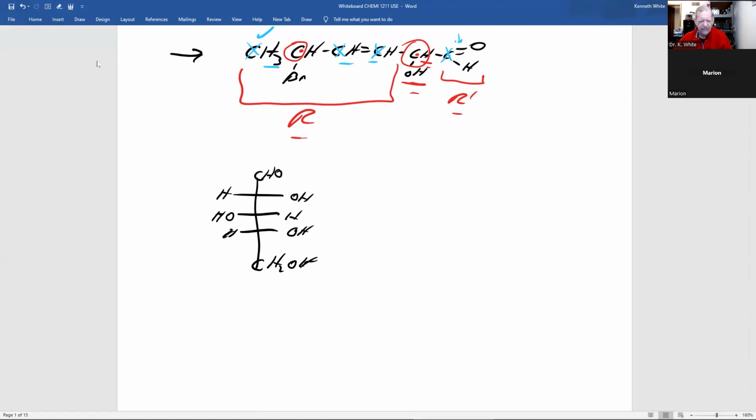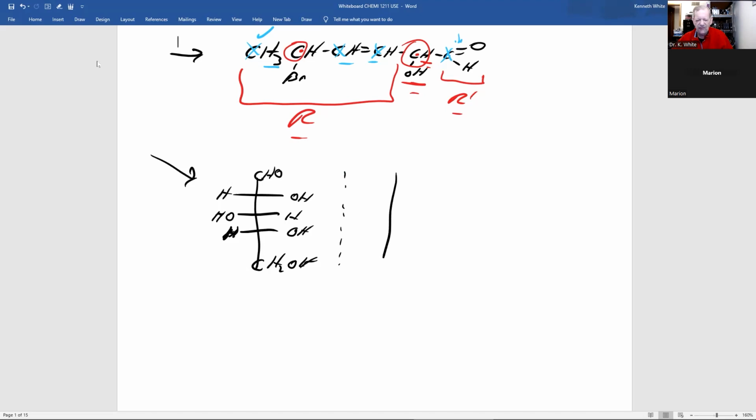And if I were to ask you, draw the enantiomer of that molecule, what do you do? Enantiomer means mirror image. Now, you don't have to do this, but I like to put my mirror in.